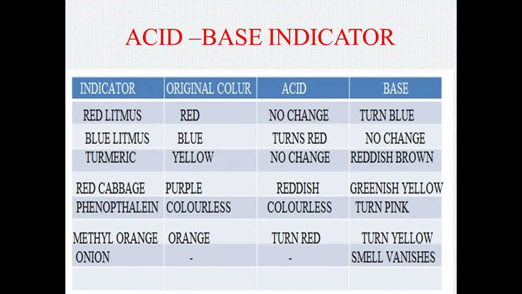Phenolphthalein is colorless in acidic chemicals, while with bases it gives a pink color. Similarly, methyl orange is originally orange, but with acid it turns red, while with a base it turns yellow.